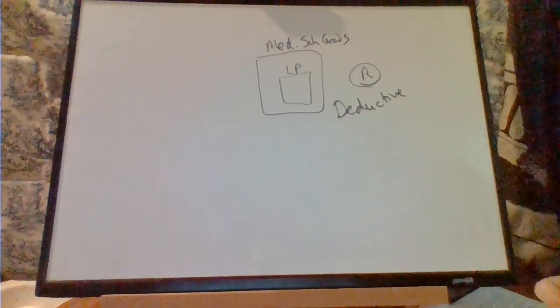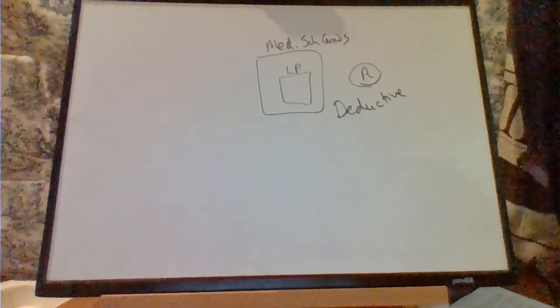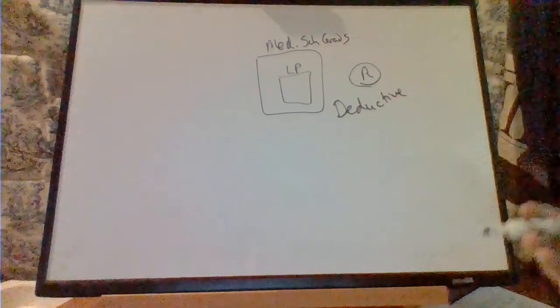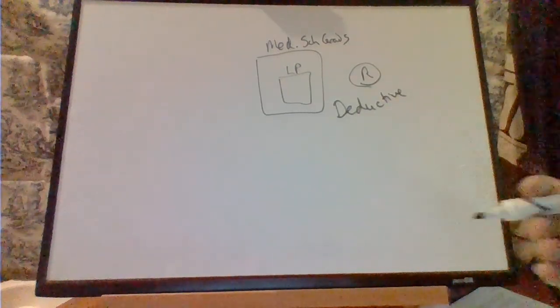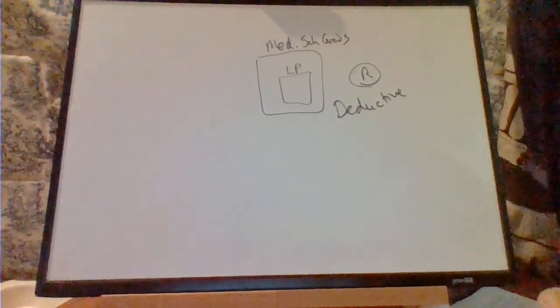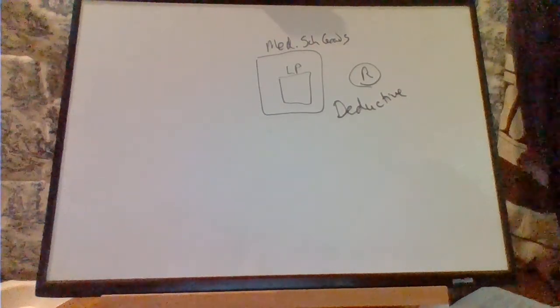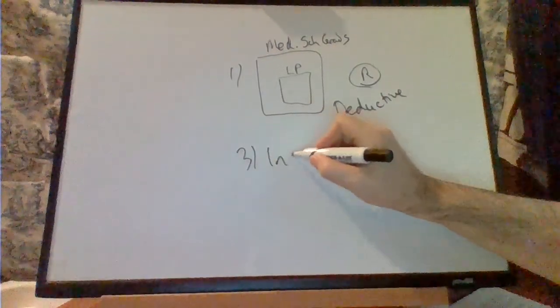But actually, it is kind of universal because the argument's trying to say that, look, all of these people who are licensed physicians are medical school graduates. So it seems likely that since Ralph is a physician, he must also be a medical school graduate. So what you have with number 3 is going to be an inductive argument.